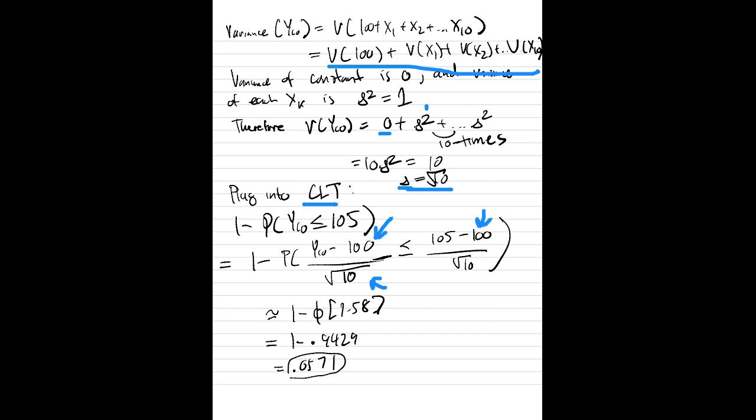And n here is actually 1 as far as the central limit theorem n goes, because we only have 1 day that we're observing for y10. Right. So we get 1 minus the z-score of this value. It's 5.71%.